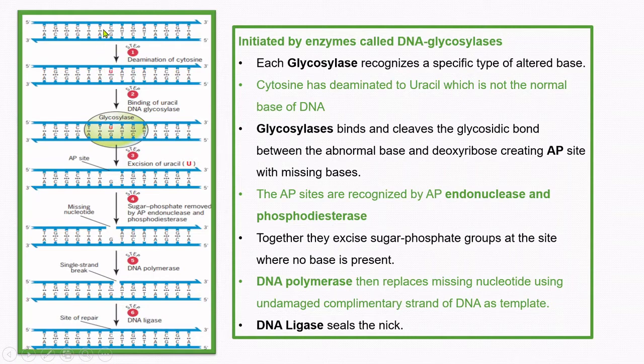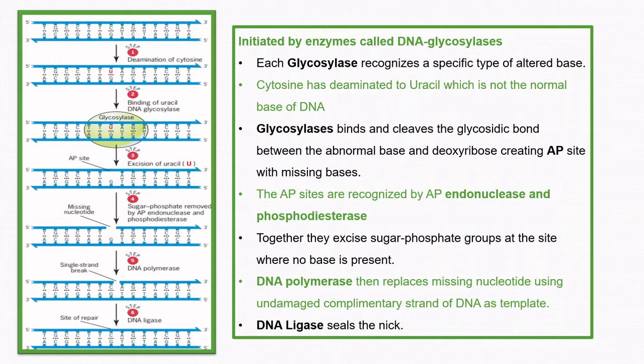Cytosine deaminates to uracil, maybe due to exposure to certain external factors, or maybe due to some endogenous factors, or sometimes spontaneously also. Uracil, as you know, is not the normal base of DNA. And if it is not removed and replaced, it can cause mutations from GC base pair to AT base pair. This process we have already discussed in the previous tutorial.